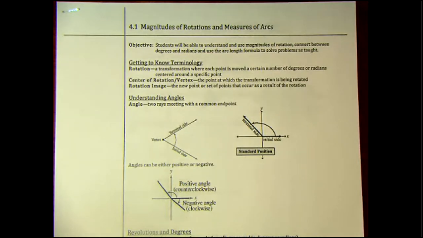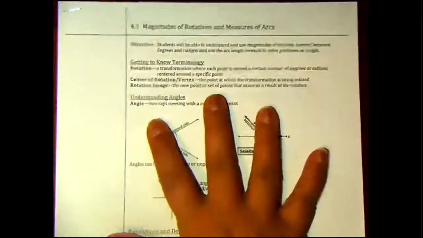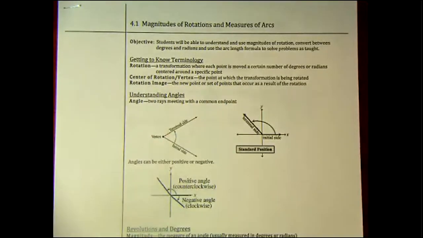Now we're going into the trigonometry part of FST. After the trigonometry part, we might bounce back to functions again, but that depends on time. But let's focus on our trigonometry here, okay?